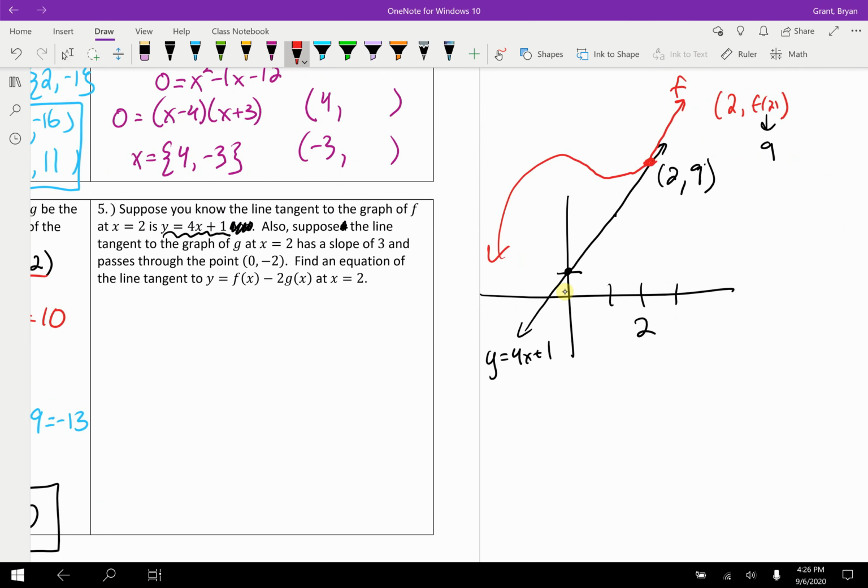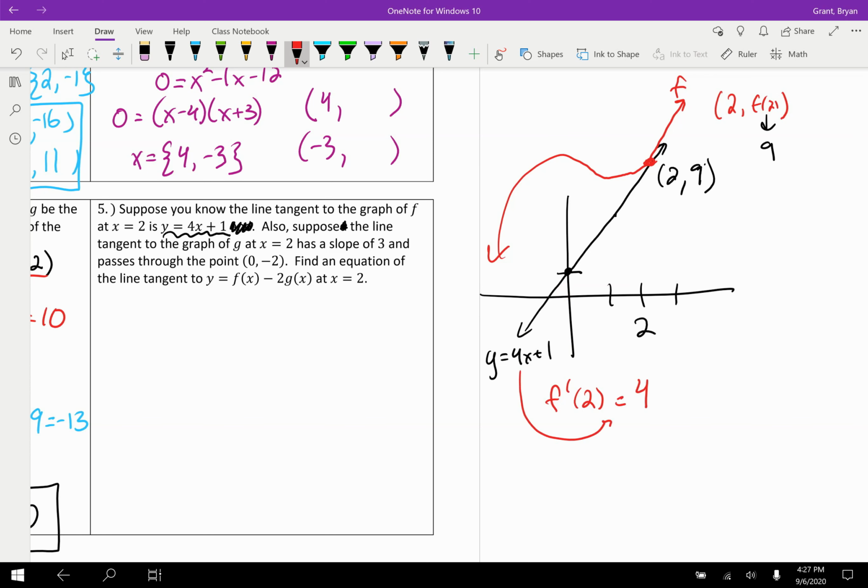So if I was asked to find f prime of 2, the slope of the red graph at 2, and I didn't have an equation, well, we already have a tangent line. And so whatever the slope of the tangent line is the same thing as the slope of that equation. Well, you know how to find the slope of lines. To find the slope of lines, you just look at the value multiplying by x. The slope of this line is 4.